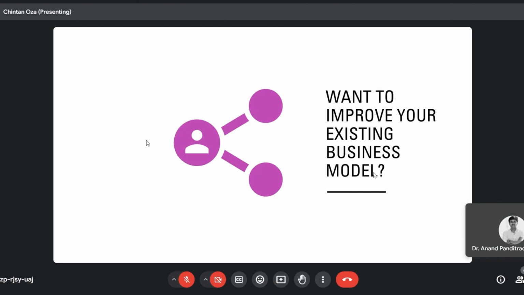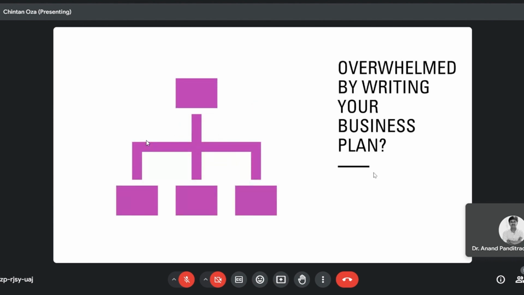Or if you have some business around you, probably your family business, but you want to improve your existing business model and you do not know where to begin, this is where you can benefit from the business model canvas. At times you feel there is a need for a business plan, but then you feel overwhelmed and loaded, you find it boring to create a business plan, and that is where you procrastinate and delay things.